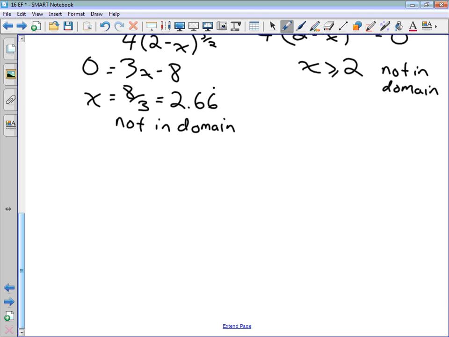Is that better? Okay. So we only have one interval. This is not in our domain. There's no other critical number that we can consider. So all we have to think about is, over our entire domain, is our function concave up or concave down?